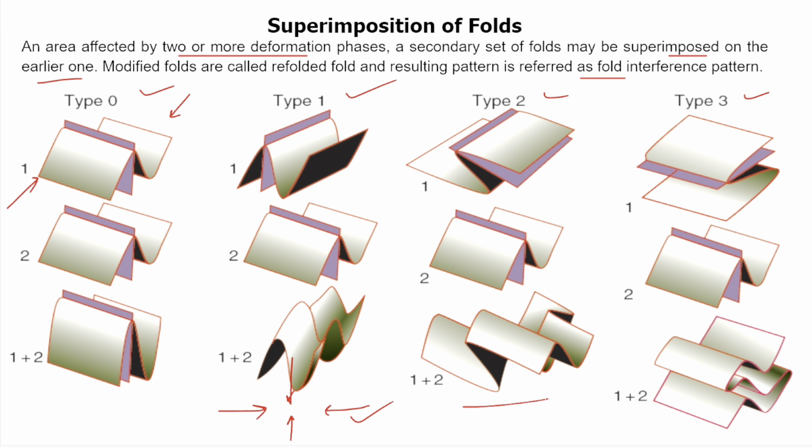What kind of condition it is, I will tell you. And in this case, forces are applied from the same direction, like type 0, and how it is different from type 0, I will explain. This is the overall picture.